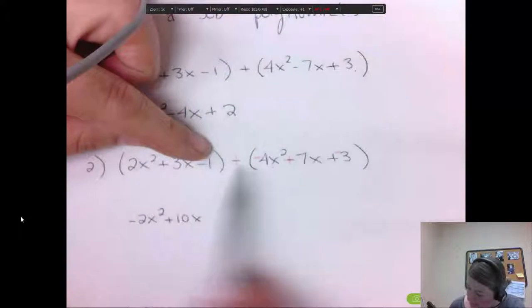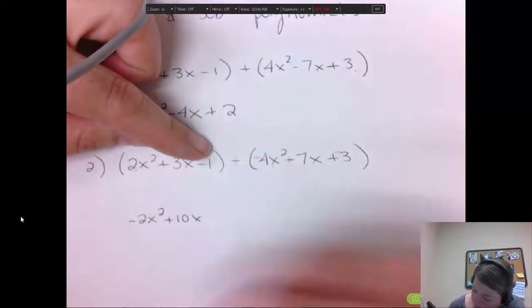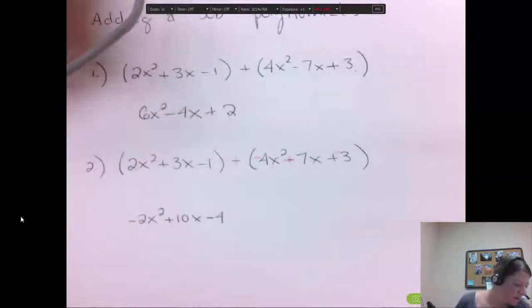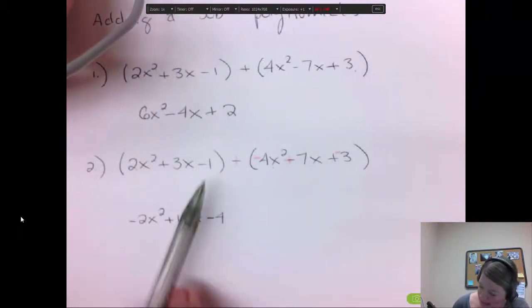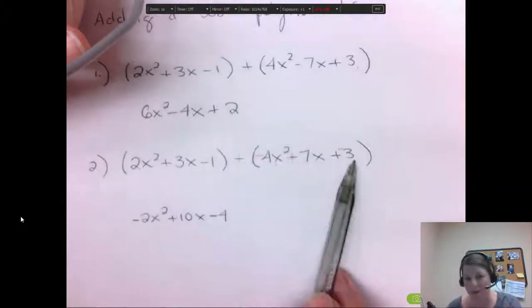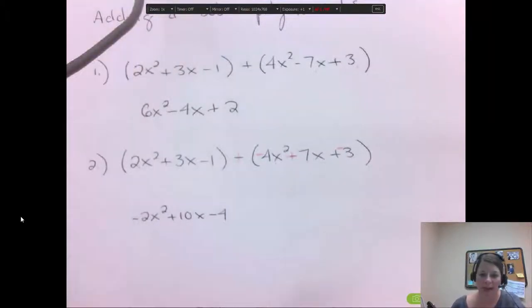Negative 1 plus negative 3 would give us negative 4. So be careful: negative 1 plus negative 3, you add them. You go more into the negative.